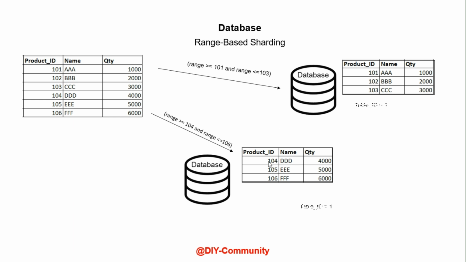Now, this is just a sample, but in reality, the range will be very large. So if 102 comes, which is between this range, it will be redirected to this one. Similarly, if 105 arrives, it is between 104 and 106, so it will automatically go into this database.